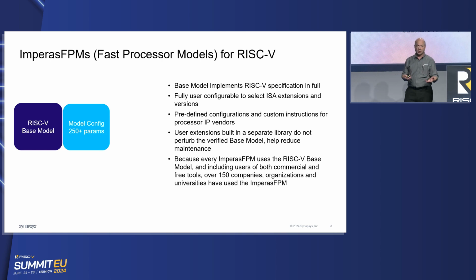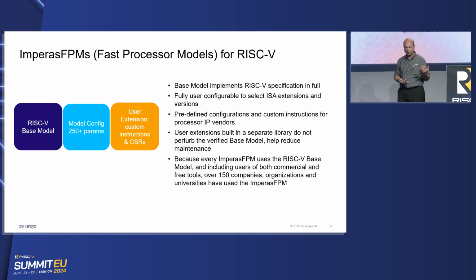People started designing to those, and the model needs to support those versions. It's got predefined configurations, custom instructions for the processor IP vendors. User extensions then are built in a separate library, in a separate side file. And we're doing that so that the base model is not perturbed. That means that base model gets used by all the RISC-V models that are built using this architecture.